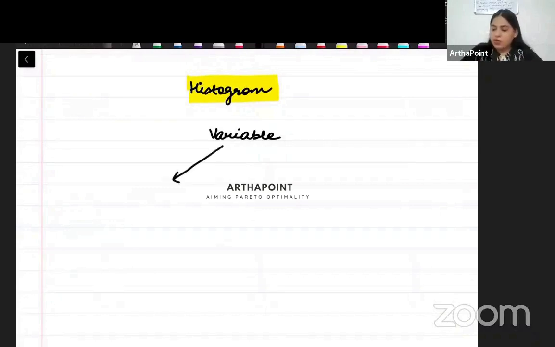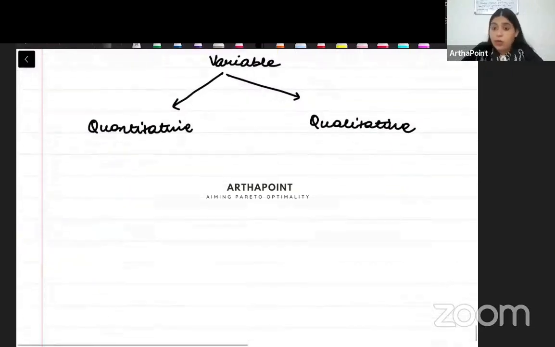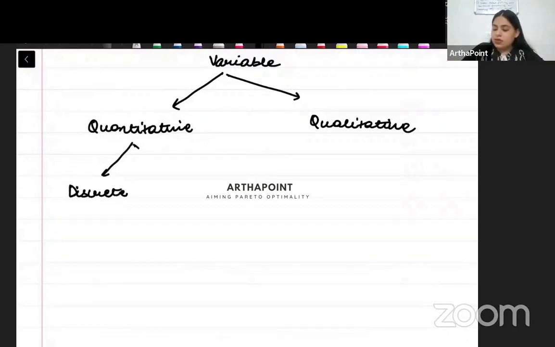So we have done quantitative and qualitative. Quantitative or which one? Numeric. Now I am saying that these numeric values can either be discrete or continuous.